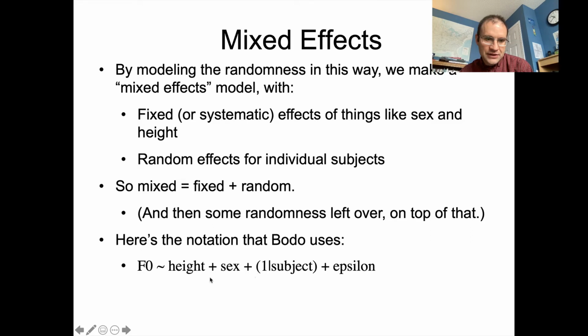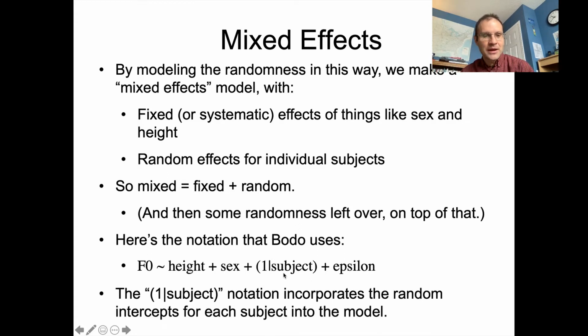The notation here is pretty clear for these independent factors, but then when you add the random effect of subject, it's in parentheses and there's a 1, and then one of these vertical lines like we saw in conditional probability. So it's 1, conditional probability line, subject. That just says create random intercepts for every individual subject. And that's what it's going to look like when we start doing this in R as well.